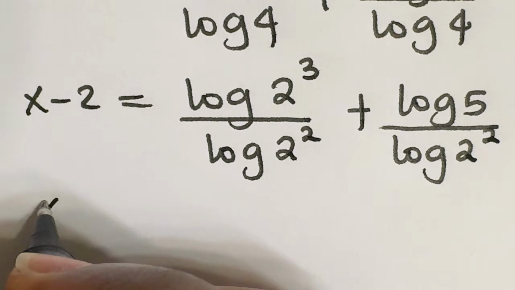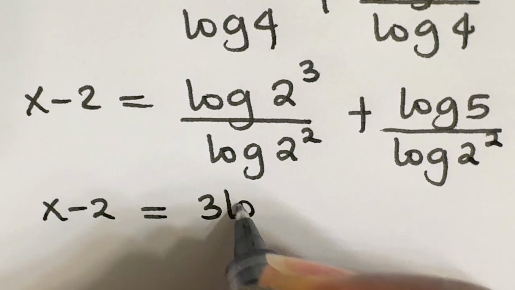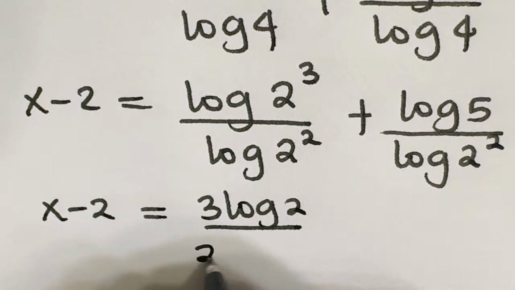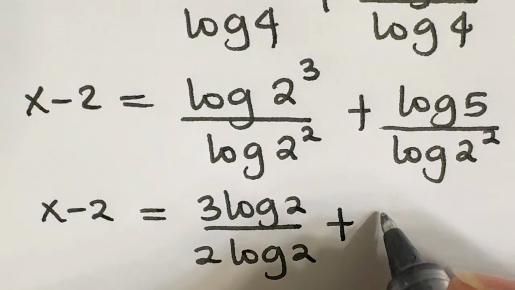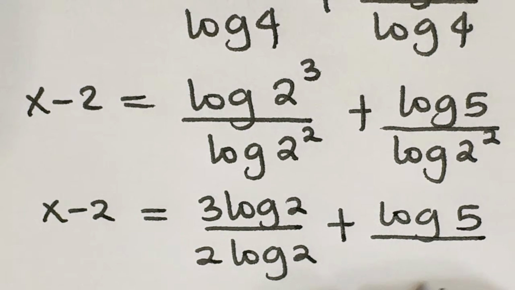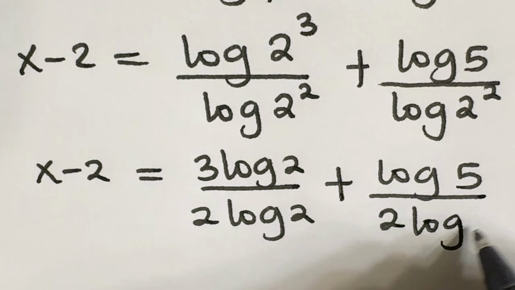So we have x minus 2 is equal to 3 log 2 divided by 2 log 2, then plus log 5 divided by 2 log 2.